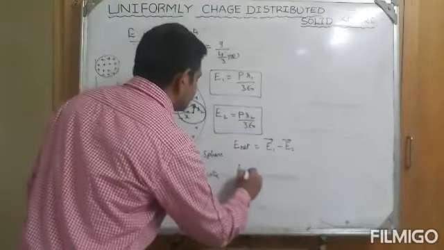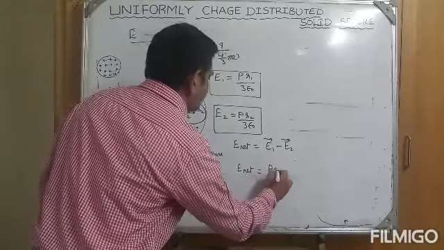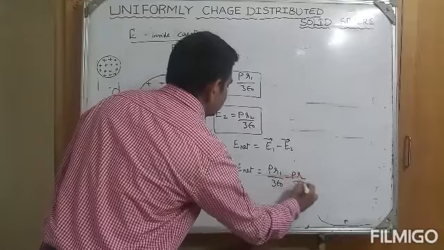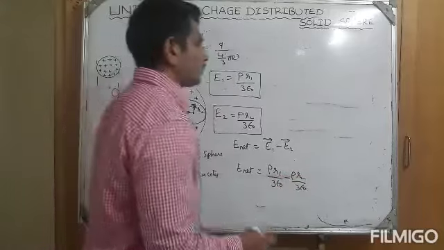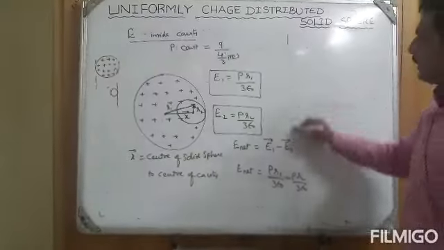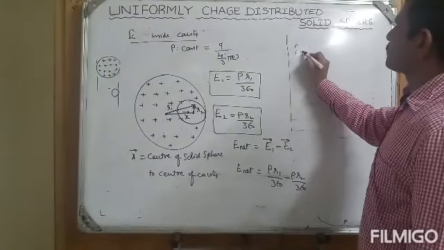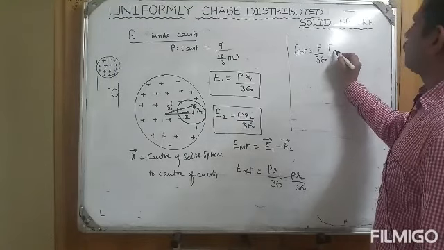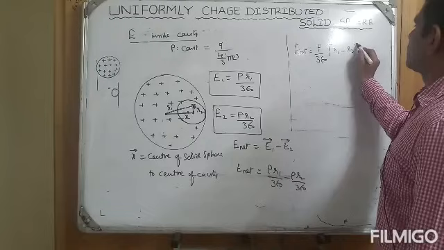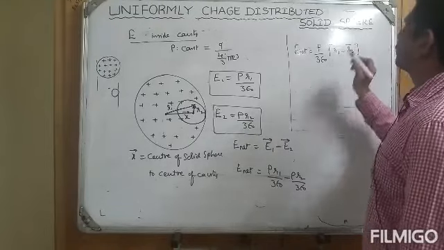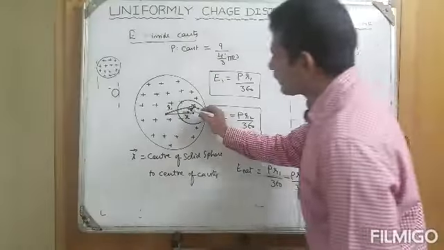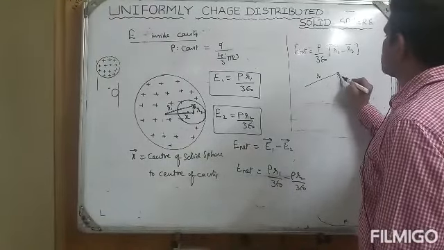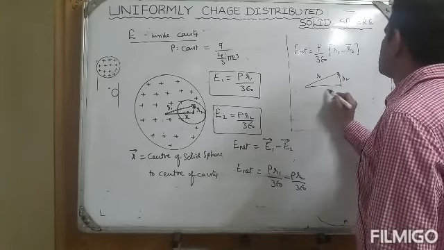Therefore, E net is equal to rho R1 by 3 epsilon naught minus rho R2 by 3 epsilon naught. So you will get net electric field intensity E net is equal to rho by 3 epsilon naught times R1 minus R2. Understand? I want to know what is R1 minus R2. If you go for this triangle, this is R1, this is R2, this is X.